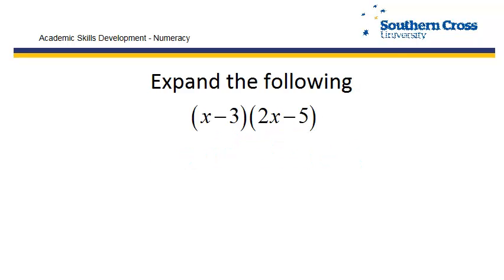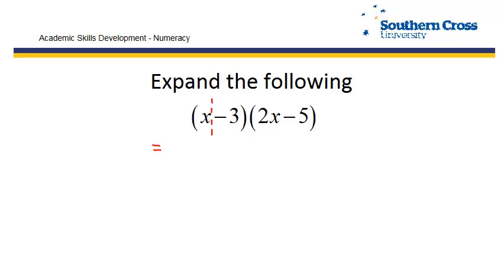Now the next one. This is a special type. We have two binomial factors which we're expanding, and the method I'm going to use here is to split up the first one, so that basically we need a systematic approach so that every term in the first factor is multiplied by every term in the second factor.